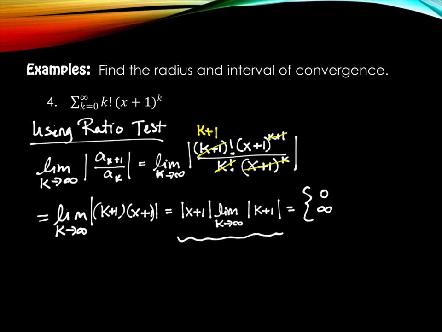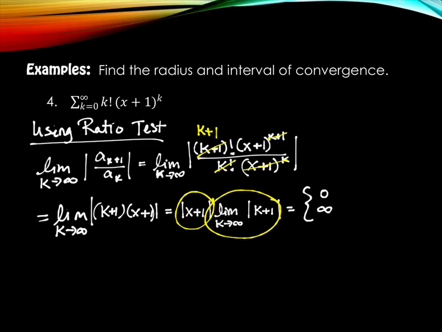Nope. These two pieces, let me separate this out this way. These two pieces are being multiplied, correct? Yes. x plus 1. There you go.